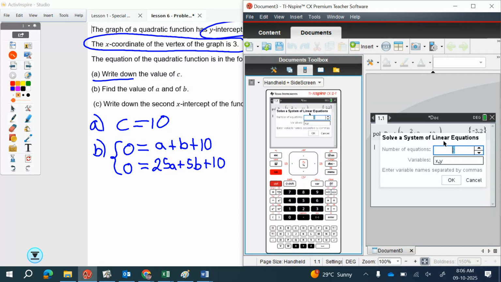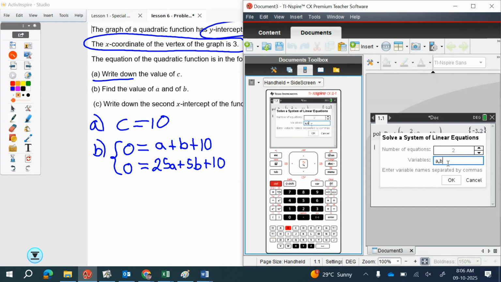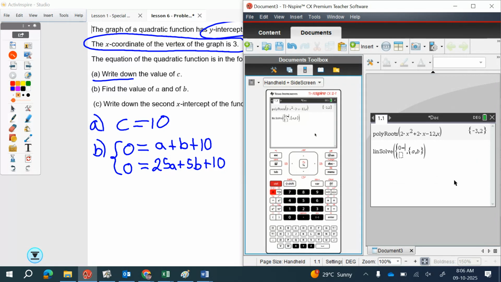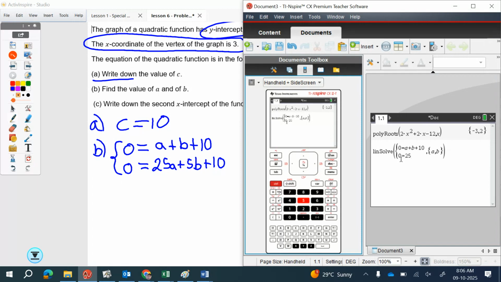The unknowns are A, B. So now I can type my equations in. 0 equals A plus B plus 10. Our second one is 0 equals 25A plus 5B plus 10. Press enter, and we get 2 and minus 12.